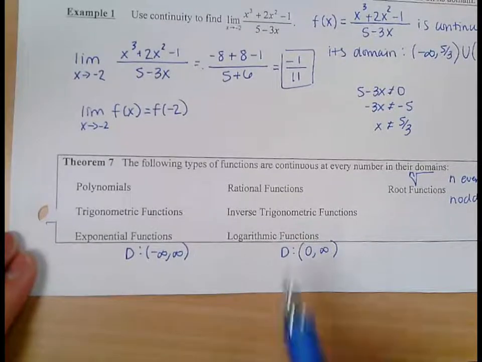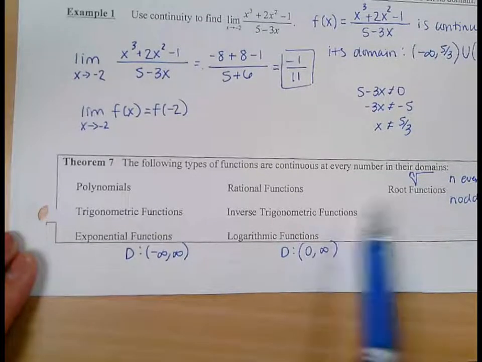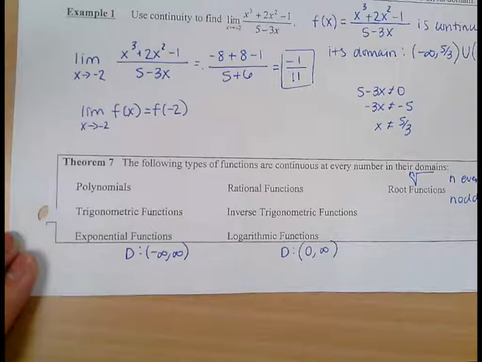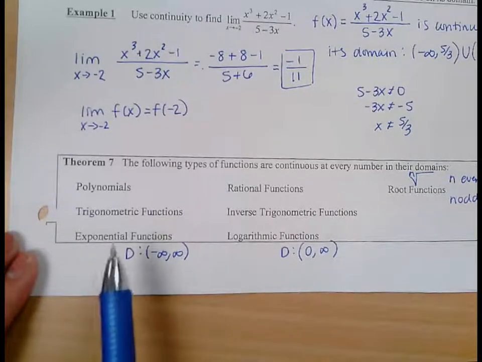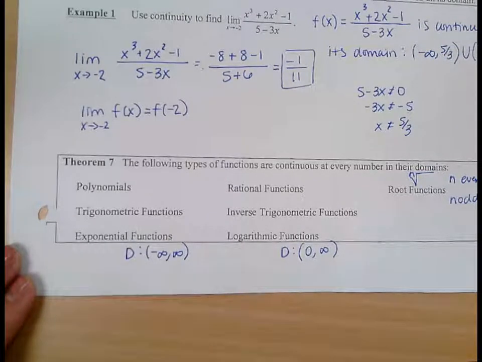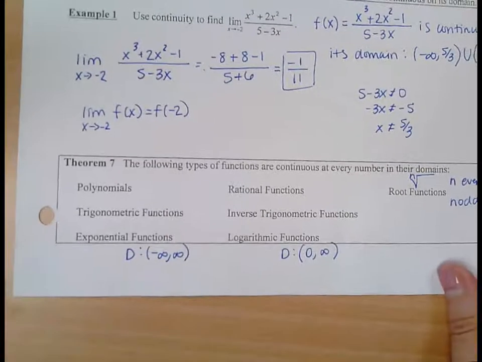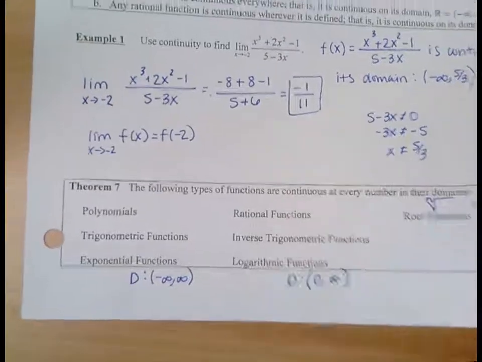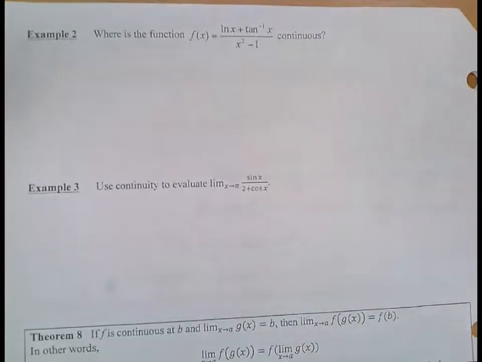It's not listing all the more general groupings of functions, algebraic and transcendental. Polynomials are algebraic functions, but there's more than just polynomials, so there could be some algebraic function that isn't. But for the functions we work with in class, they're all continuous on their domains. We don't work with any super out there types of functions.